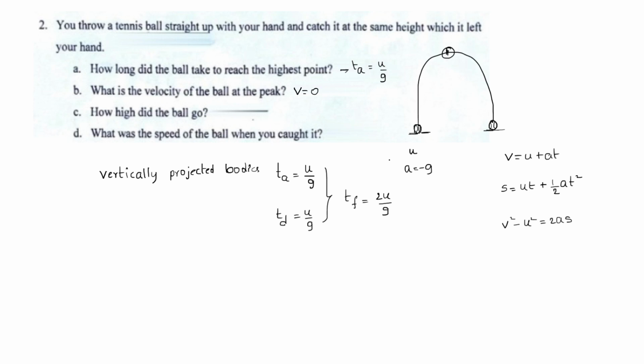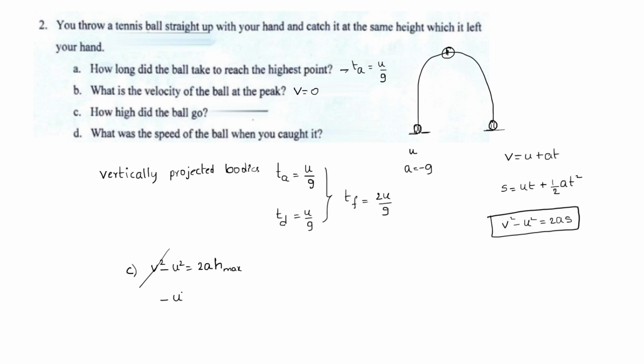Now, how high did the ball go? So they're asking you height. Height means displacement. So I will use this equation, v square minus u square is equal to 2as. I will replace s with h max, because that is the maximum height. So v is 0.